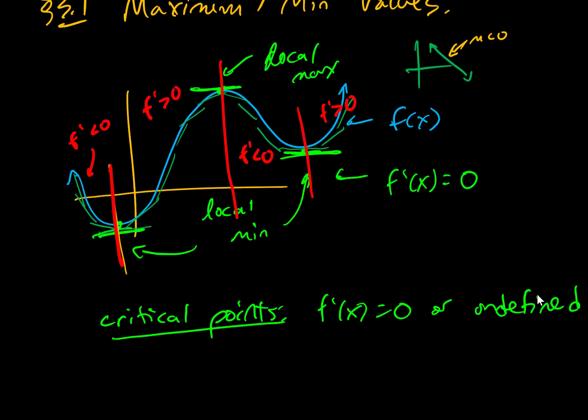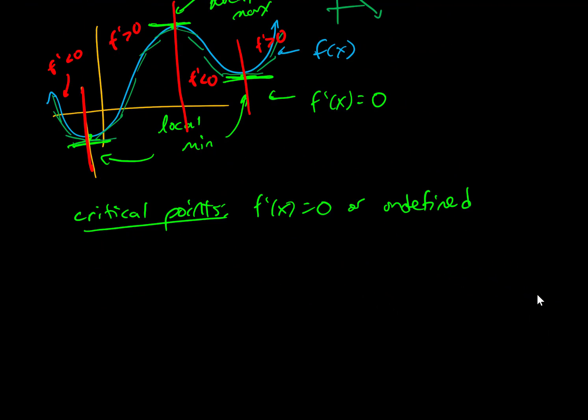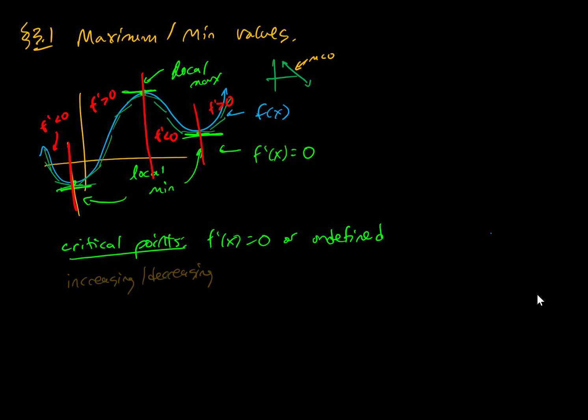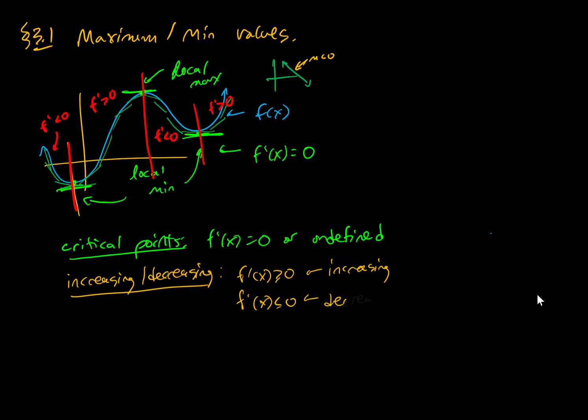So the derivative not only helps me find min and max, it also helps me find where I'm increasing and decreasing. We're increasing when the derivative is greater than 0, and when the derivative is less than 0, we say it's decreasing. Okay, now why is that again? Because you always have to remember that the derivative is talking about the slope of my tangent lines.